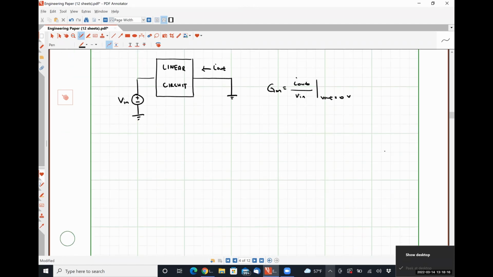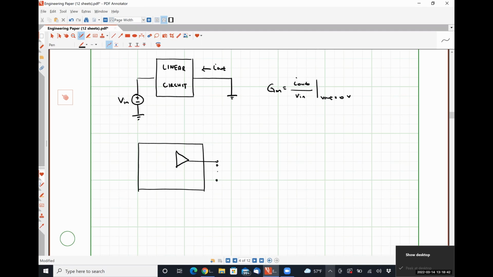So what I mean by that is, let's say that we have a black box, like so, and it contains a simple amplifier circuit.